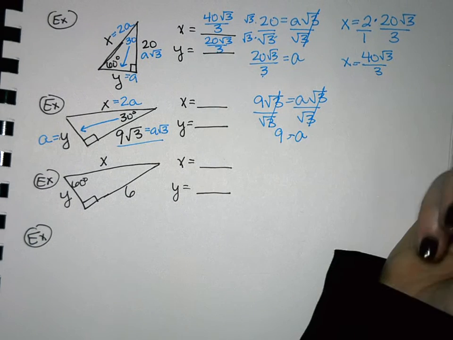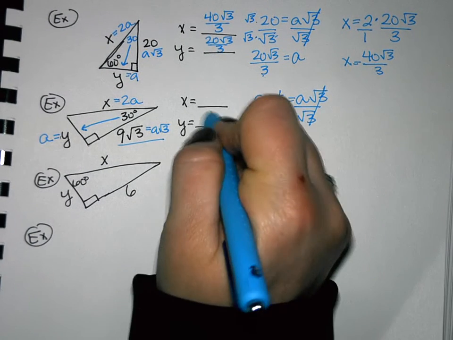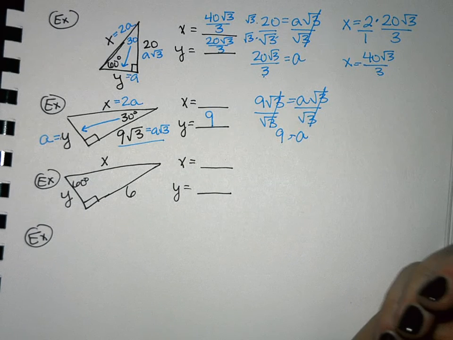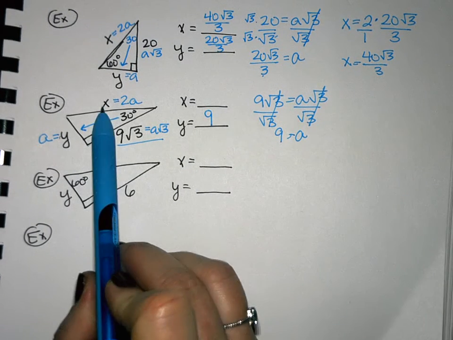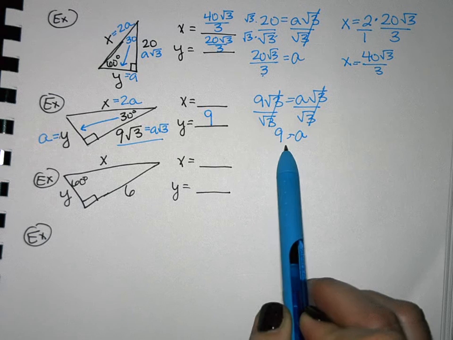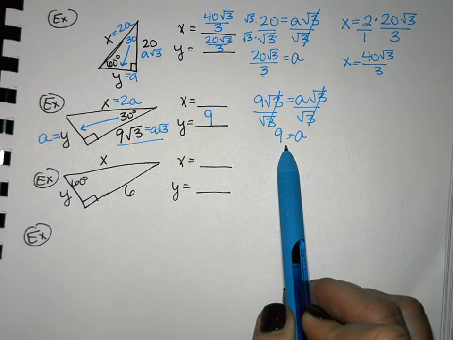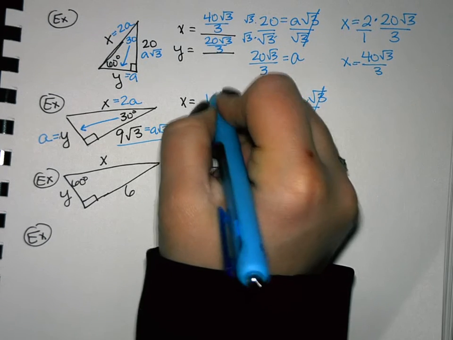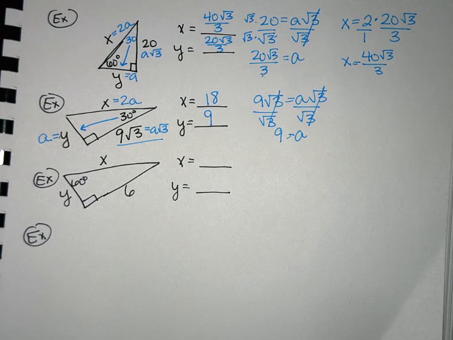So a is just 9. So in this case, y is just 9. X is going to be 2 times a. Well, if a is 9, what's 2 times 9? 18. And that would be your x and y.